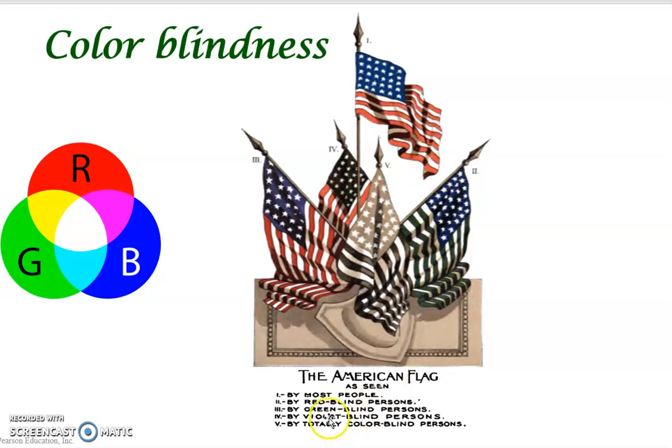However, if you are green blind, the left flag is the one you are going to see, and you can even tell that the stripe is redder than the real one. Then the central one is if you are blind to all colors, ideally you are going to see only black and white.